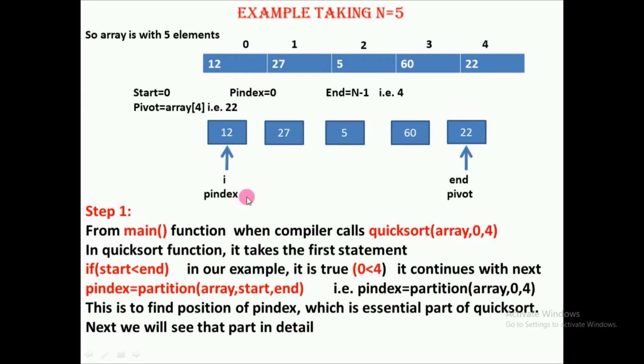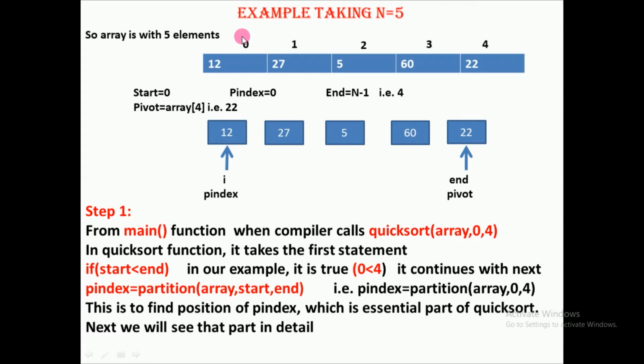Now we will see the whole thing by taking one example. So I will take n is equal to 5, that means the size of the array is 5. That means the array has 5 elements. Here you can see indices 0, 1, 2, 3, 4 with values 12, 27, 5, 60, 22. This is the unsorted array. And we have taken variables.